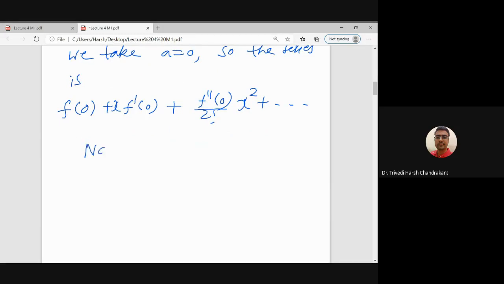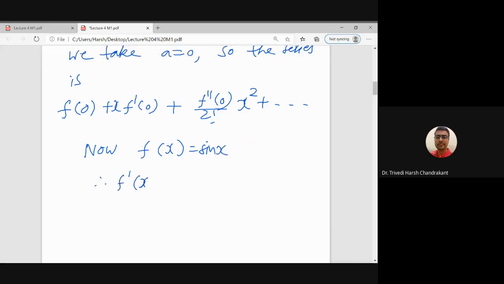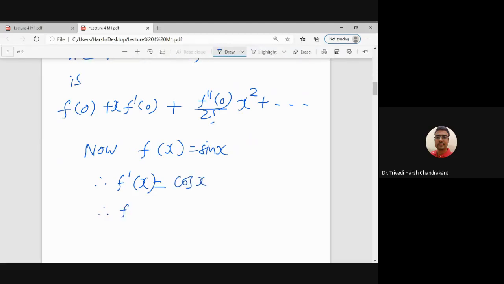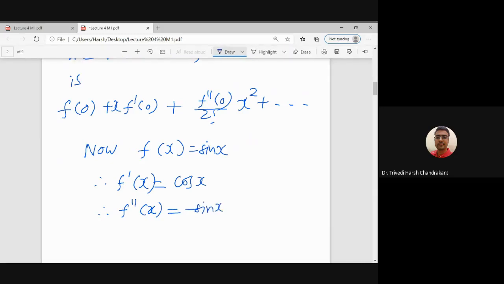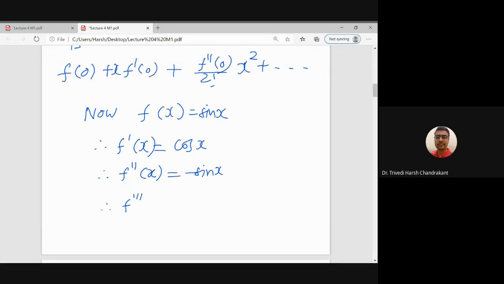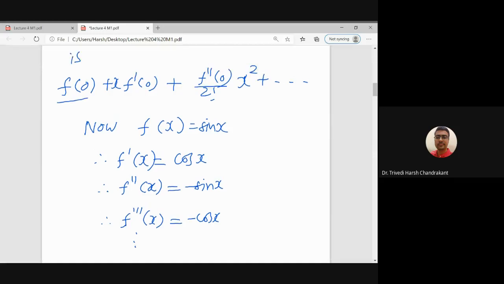So now the given function is f(x) equal to sin x. We know all the derivatives of this function. The first derivative will be cosine x, the second derivative will be minus sin x, the third derivative will be minus cosine x, and so on. And we want to substitute all the derivatives at 0.